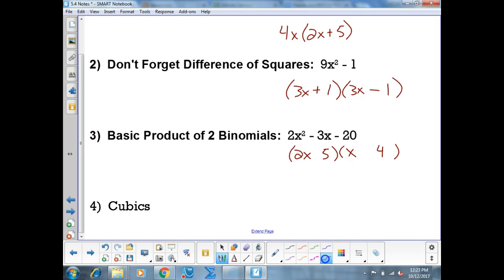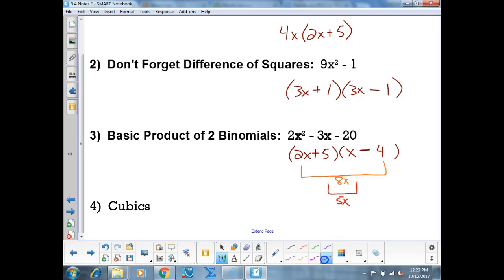Because then my outers here give me 8x. My inners here give me 5x. And when I subtract them, I get 3x. But I need the negative sign to be on the bigger one. So negative there, positive there.